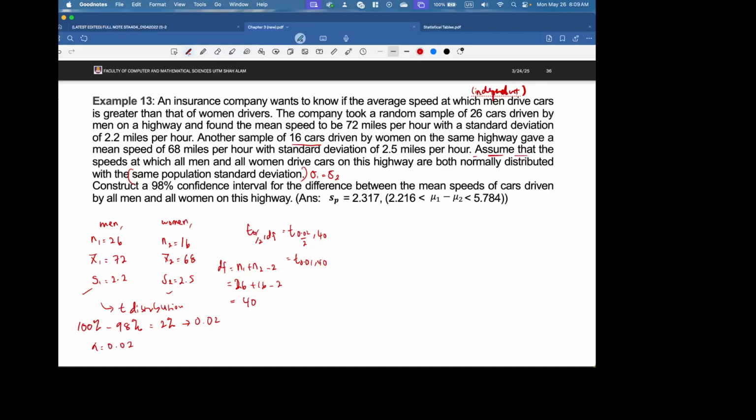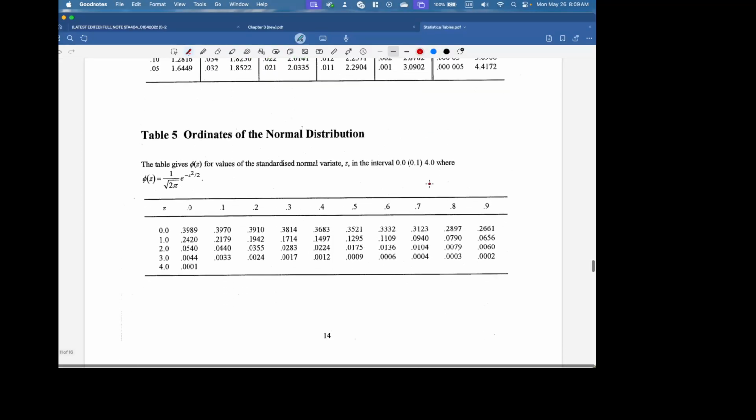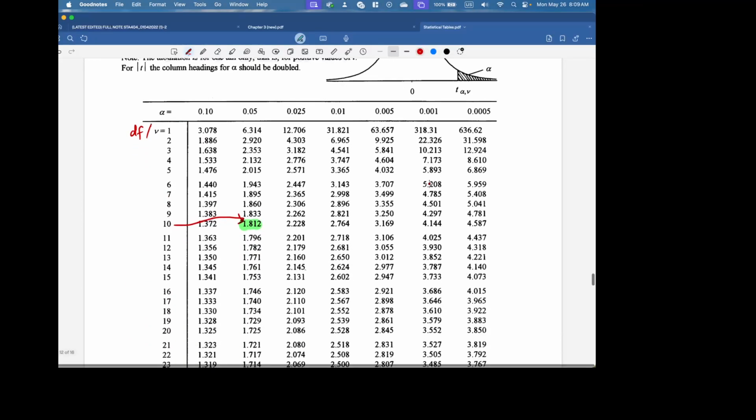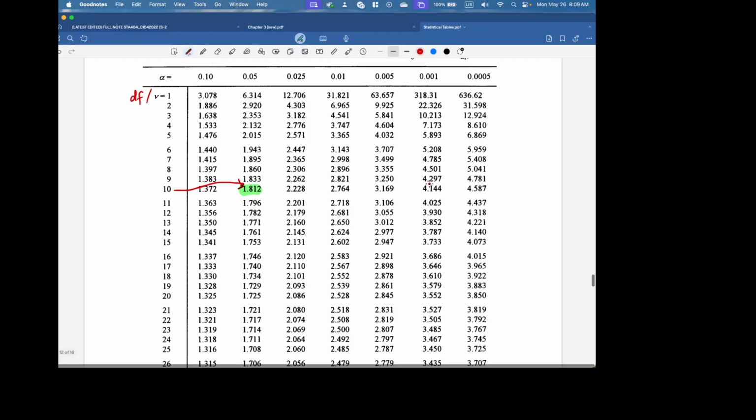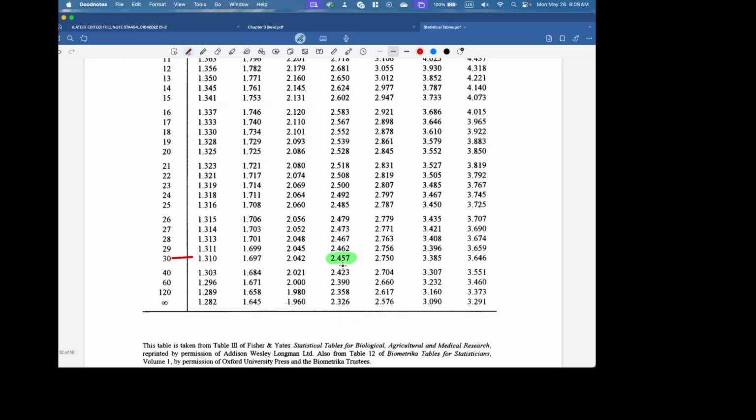So when you take a look at the table, since we use the T distribution, you have to scroll down here. Our alpha is 0.01, this is the column that we will look at, and the degree of freedom is 40. So the value that we will use is this one, 2.423.